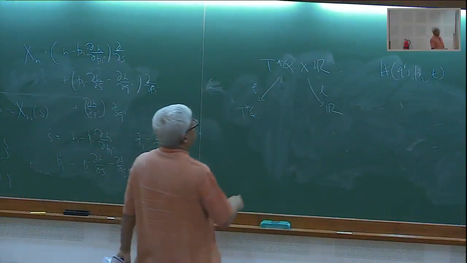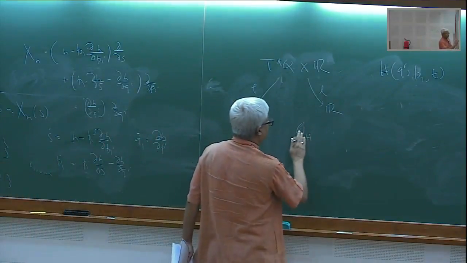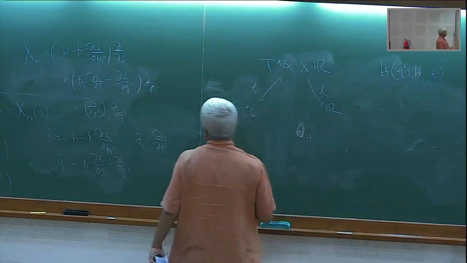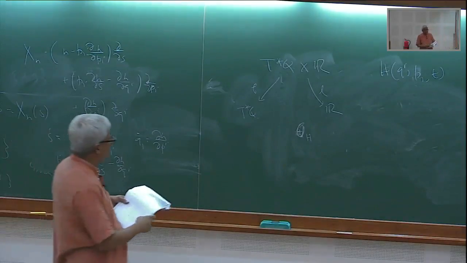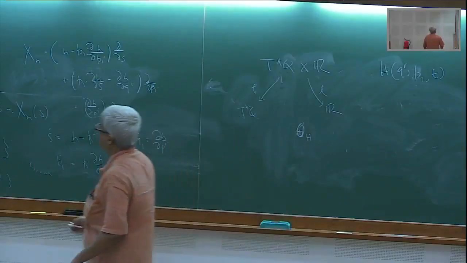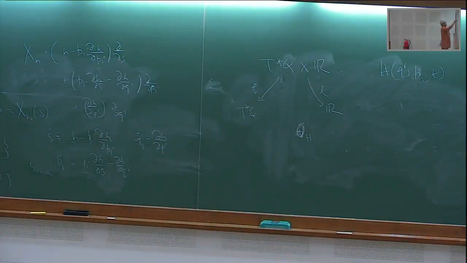You know pretty well that in this case we have omega equal to dpi wedge dqi, and here also we have a standard one form theta, with d theta equal to dpi wedge dqi.